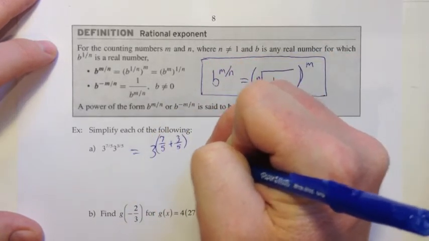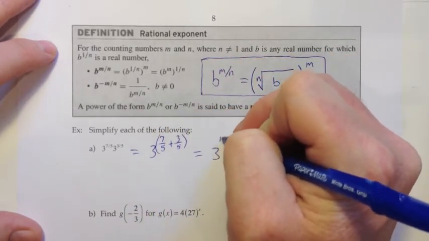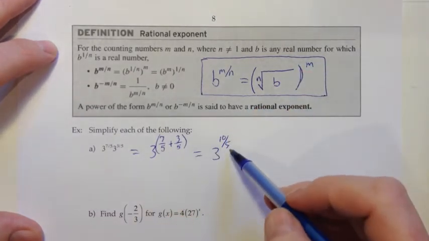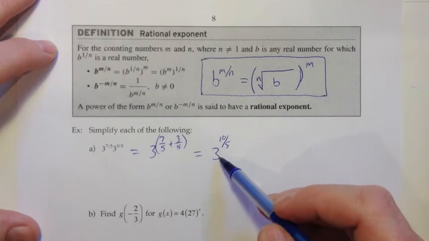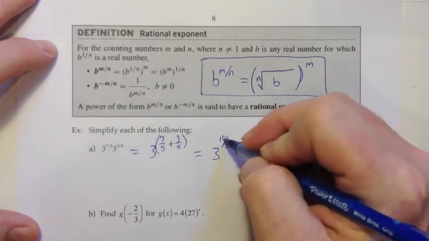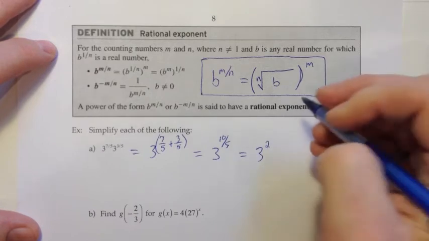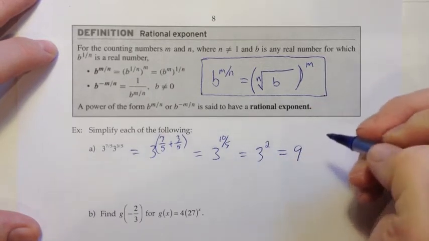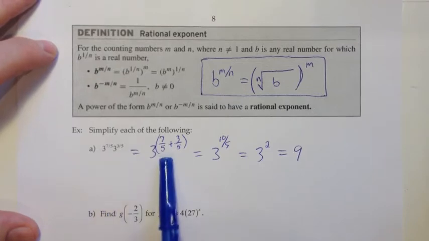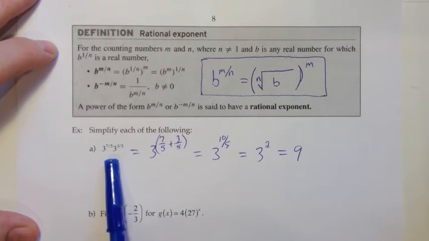Those have a common denominator, so that's 3 to the 10/5. You might be tempted to make a fifth root out of this, but what we should try first is simplify it. 5 goes into 10 twice, so we can just make this 3 squared, and 3 squared is 9. If we started taking roots right away, this would be a very messy problem. But if we use our exponent rules and combine by adding our exponents, we end up getting an integer and can finish it off quickly.